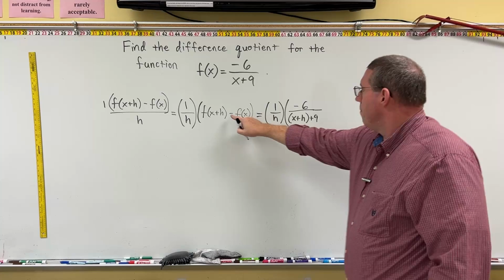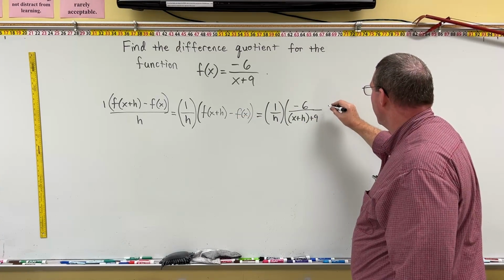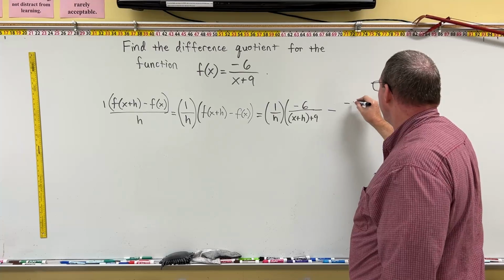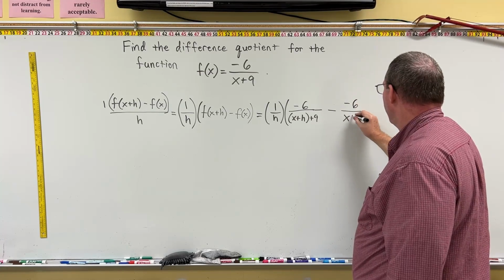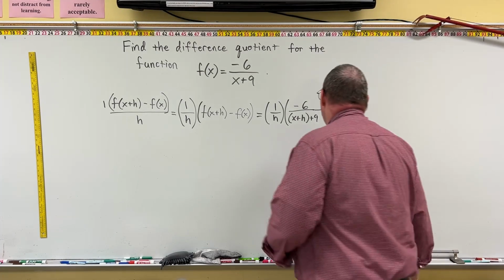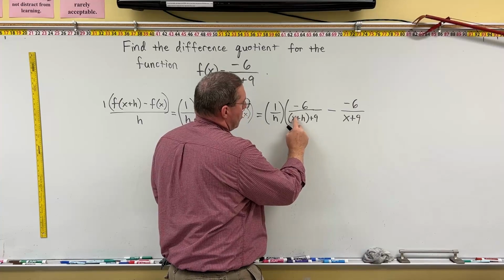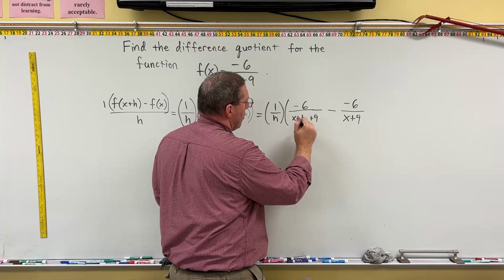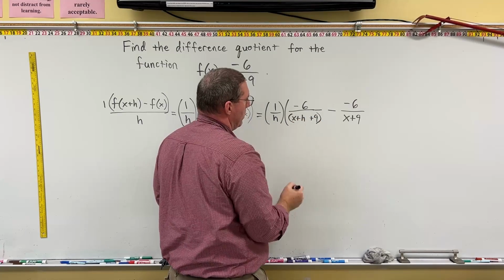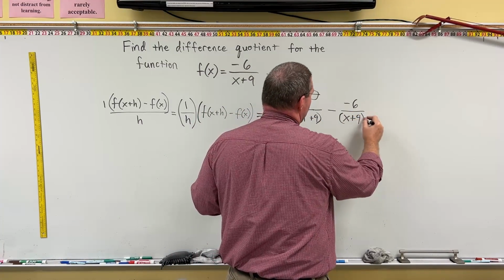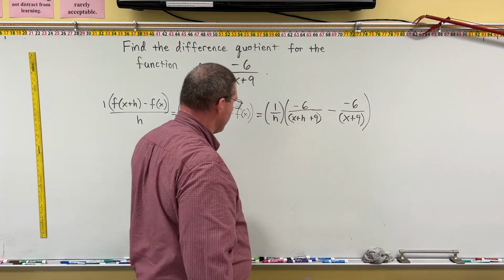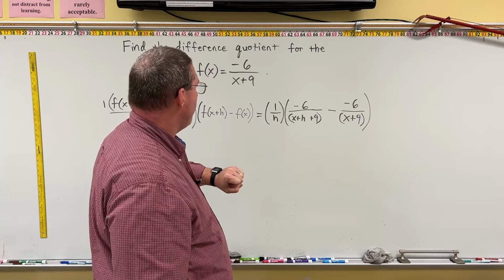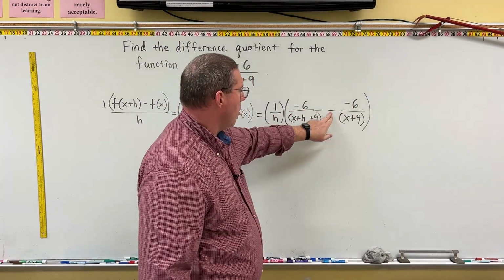And then minus negative 6 over x plus 9. Now, I don't need these parentheses around x plus h. I just have x plus h plus 9. We're just going to call that one denominator. And over here I have x plus 9. And I forgot to put in the large parenthesis. Okay? And so now we've plugged x plus h into f of x, and then this is just f of x, and we're subtracting.